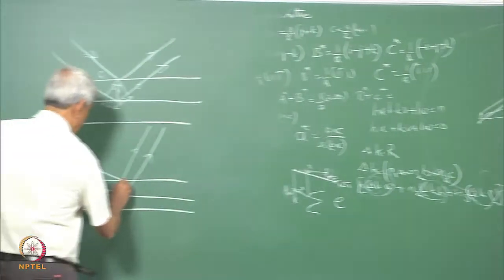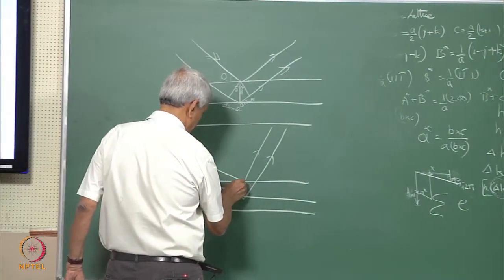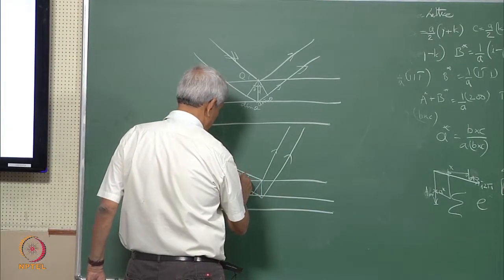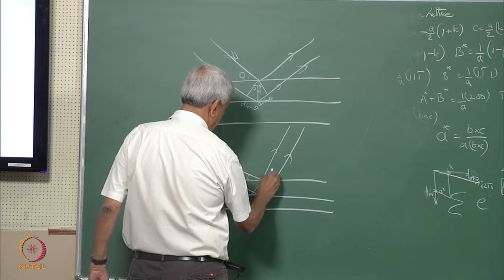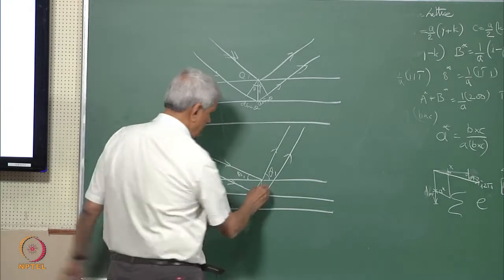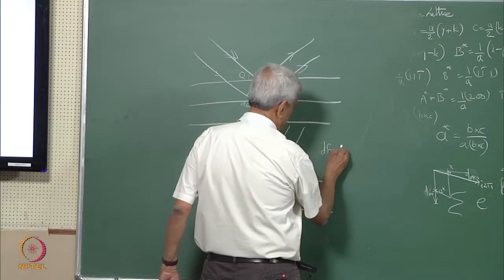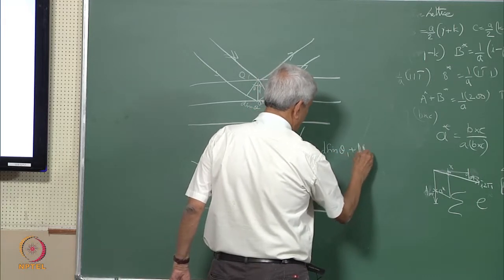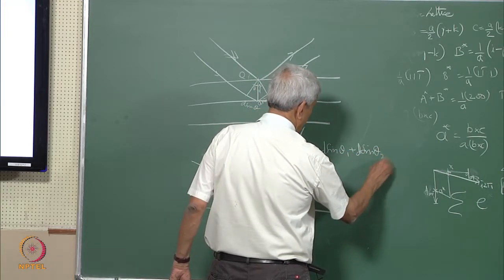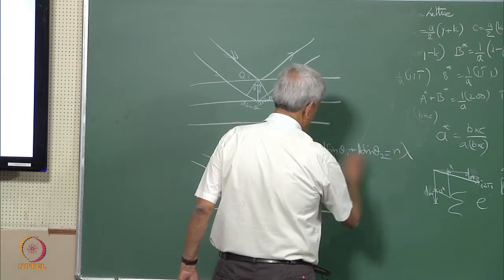If I take it here, if this angle is theta 1, this angle is theta 2, and this is d, then d sin theta 1 plus d sin theta 2 should be equal to n lambda.